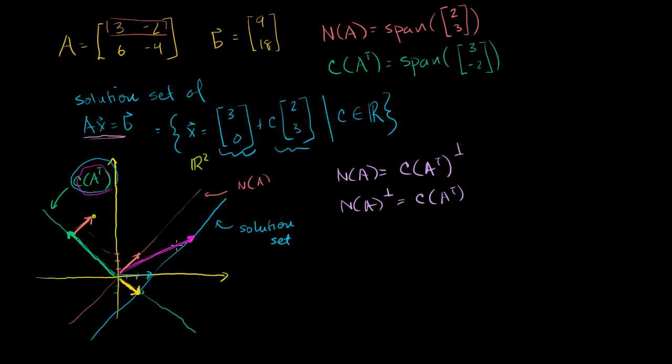And so if I have this vector right here, how could I do that? Well, I could represent it as a sum of this guy right here, and then this vector right here. And this vector right here is clearly a member of my null space. I just shifted it over. This line is only when I draw it in standard position. This vector right here, I'm just showing it heads to tails. If I add this member of my row space to this member of my null space, I get an arbitrary solution to my solution set.